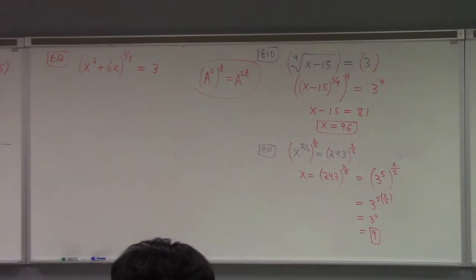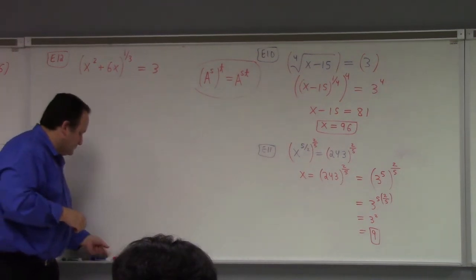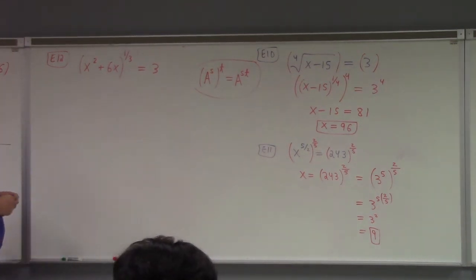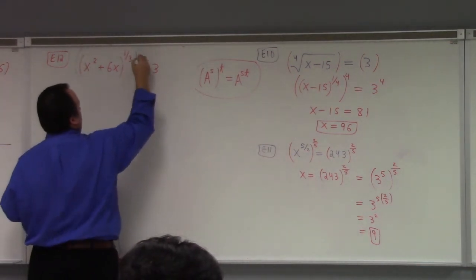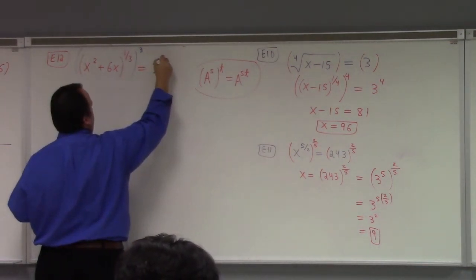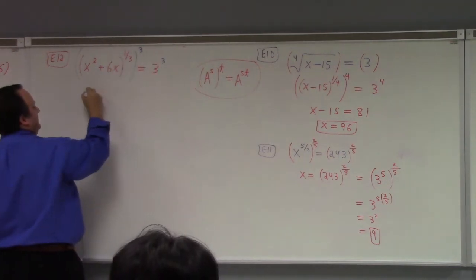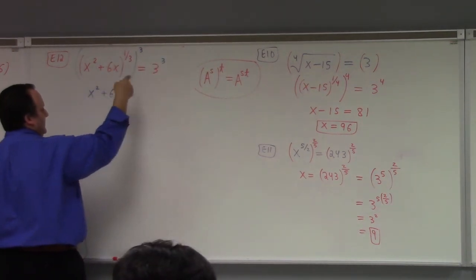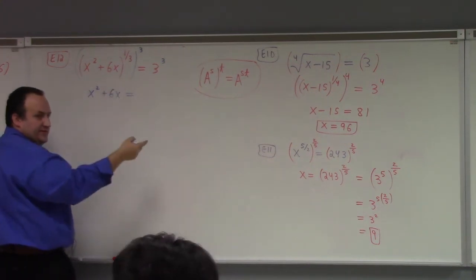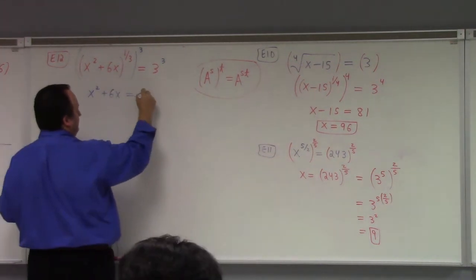Can you solve it? What are we going to do? The natural enemy of the 1/3 power is the 3rd power. So raise the equation to the reciprocal power, in this case 3. That gives us x squared plus 6x equals 3 to the 3rd power, which is 3 times 3 times 3, which is 9 times 3, which is 27.